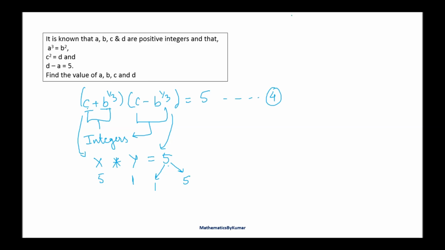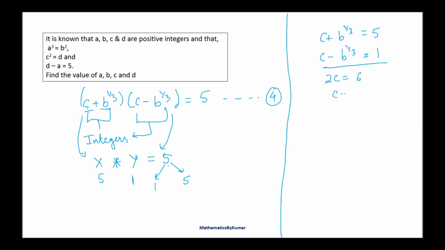So C plus B to the power 1 by 3 is 5, and C minus B to the power 1 by 3 is 1. If you add both the equations, you get 2C equal to 6 and C equal to 3. We have found our first value. If you put this into the equation, you get that B to the power 1 by 3 is 2, which tells me that B is 8.